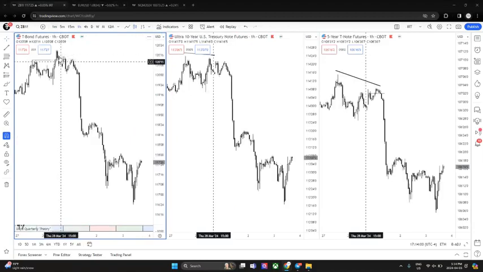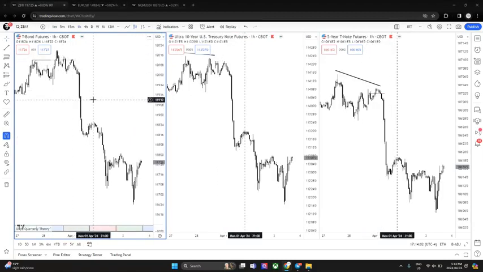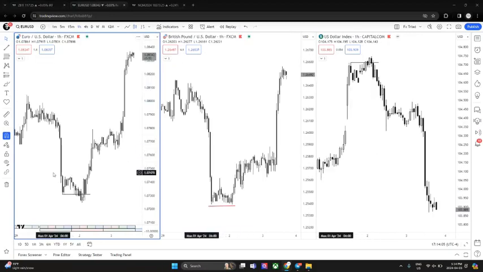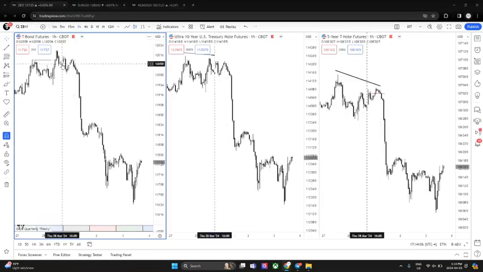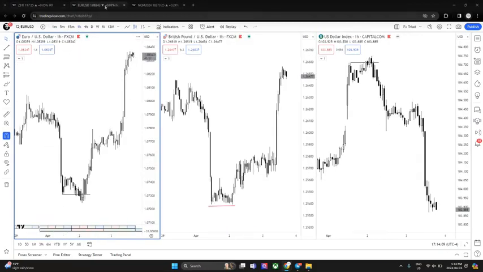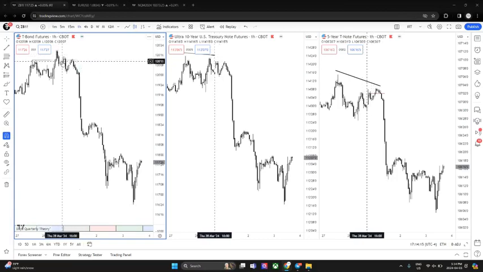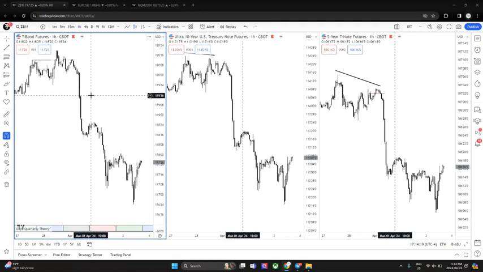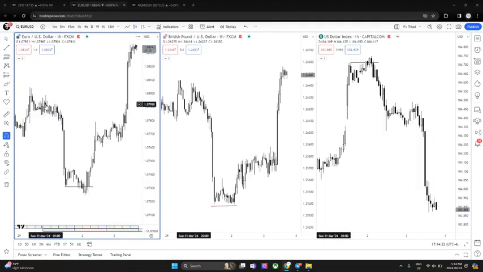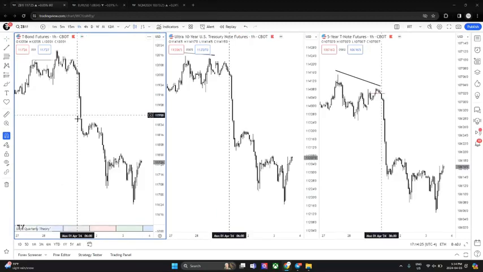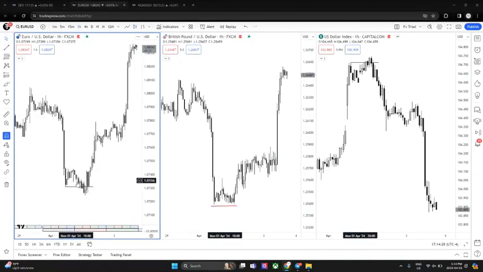So this was all down price action. And at times, yes, each asset class will drop more than the other, but that doesn't matter. It just matters that they're in tandem, moving together. So this dropped, then this dropped, and right here we had SMT.